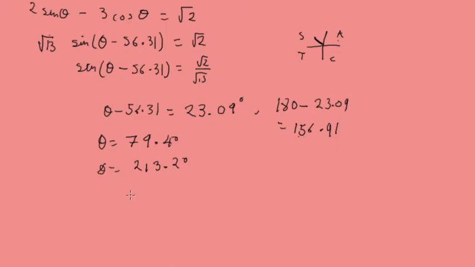Now let's get another page up. We can use our general r sine theta plus alpha to find the maximum and minimum of an expression.